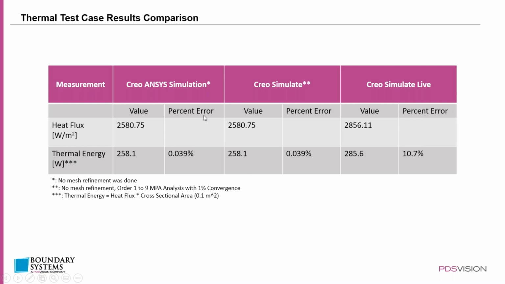We can see that the percent error for Creo ANSYS and Creo Simulate are both identical in this case. They're very, very low. Creo Simulate Live is about 10% off. So you're in the right ballpark once again, but not quite as accurate as our other two simulation tools.